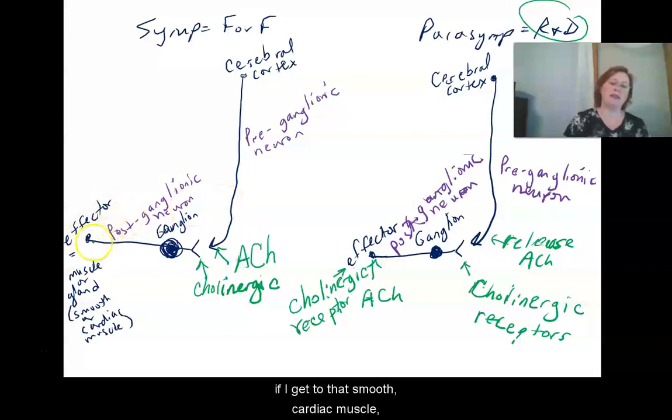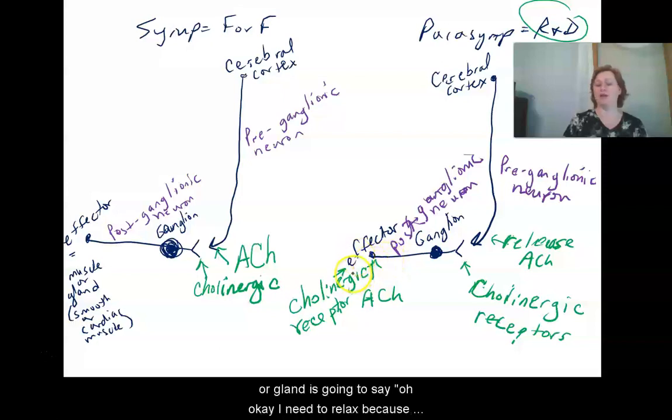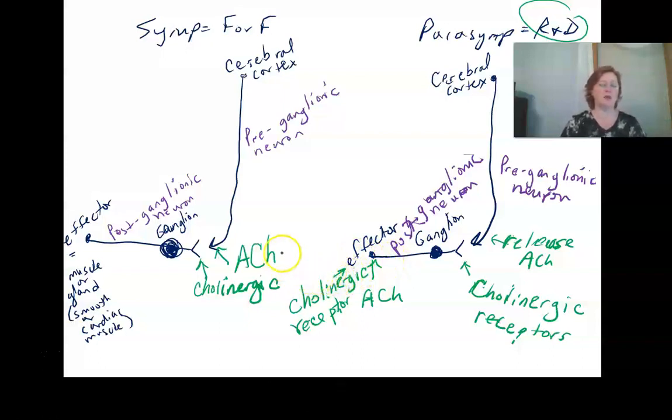But if I get to that smooth cardiac muscle or gland and I release ACH again, that smooth muscle, cardiac muscle, or gland is going to say, oh, okay, I need to relax, because that's how the parasympathetic division tells me what to do. So I need a different neurotransmitter here. I want to be in fight or flight mode.